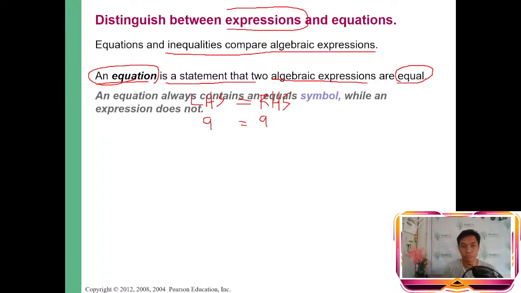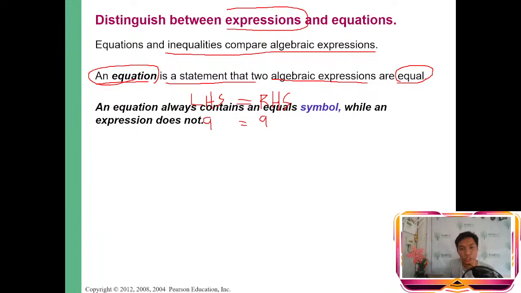Number two, an equation always contains an equal symbol, while an expression does not. An expression is just one side. Let's have another one. For example, 3x minus 7 equals 2.